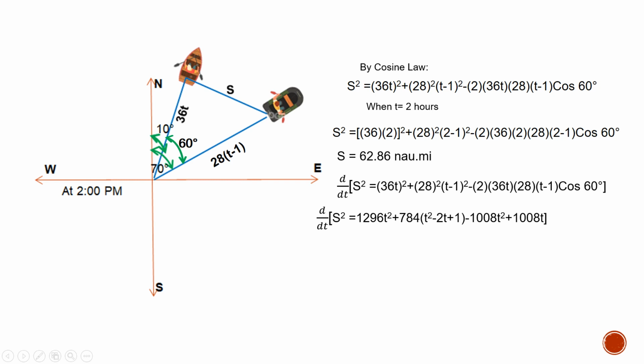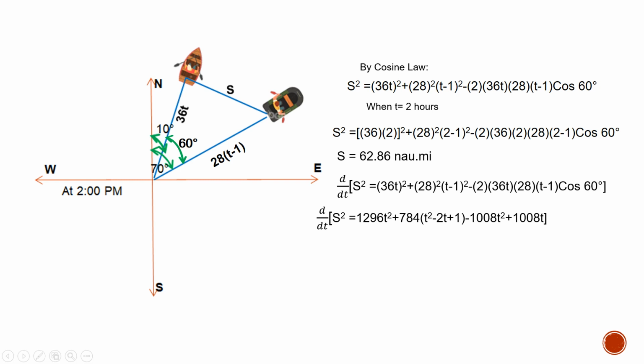So ito, by distributive property, will come up with 1296 t squared, and then again 28 squared by distributive property is 784, and this one will be expanded to t squared minus 2t plus 1, and then all of this equation of course will be distributed to this expression t minus 1. So kapag minultiply mo, negative 2 times 36 times 28 cosine of 60, that will yield to 1008.